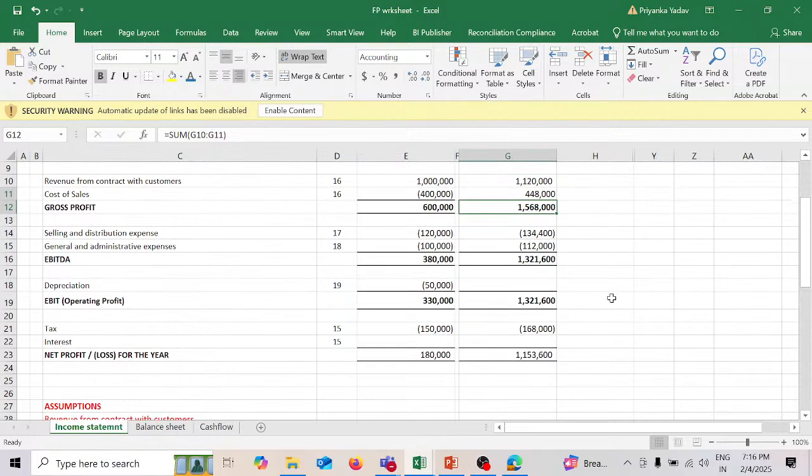We have calculated the revenue and the cost of sales, and all the rest of the figures are coming up automatically, picking the rate that we have provided. And the rate of depreciation would be similar again here. It is 10%.